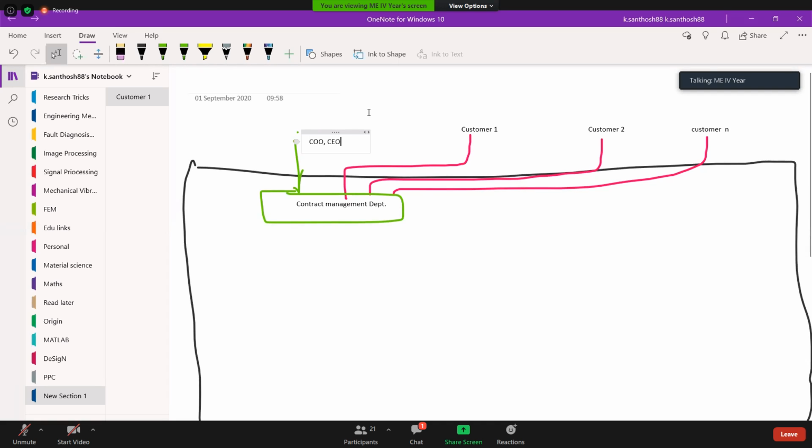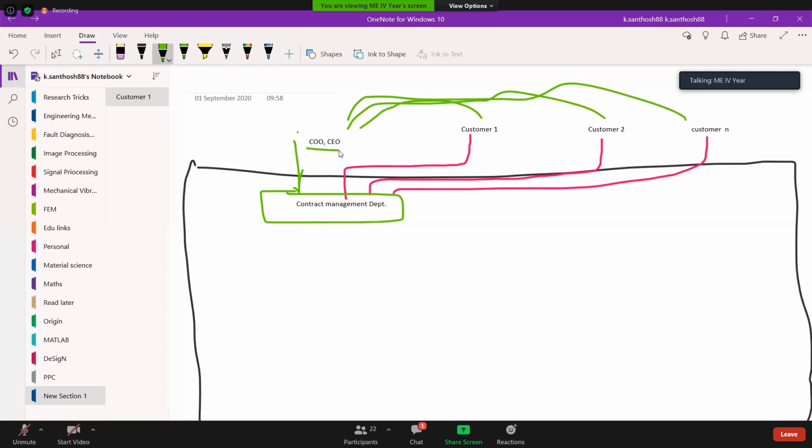These people generally get the orders from the customers. They can't handle every small part with the customers, so after getting the order, they directly give this role to the CMT department.